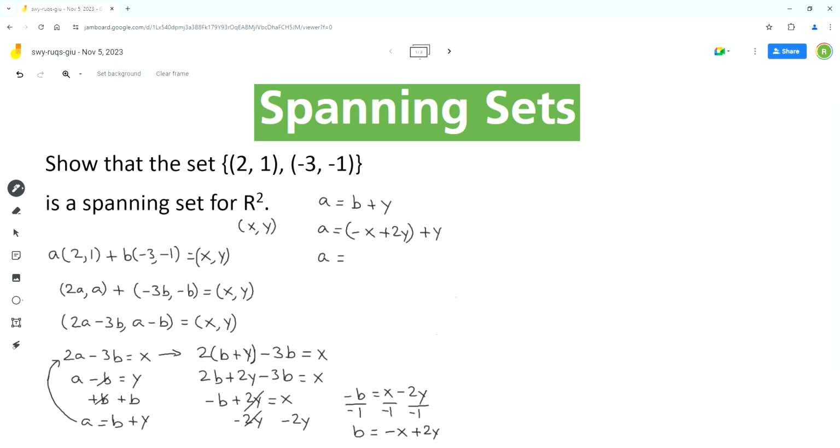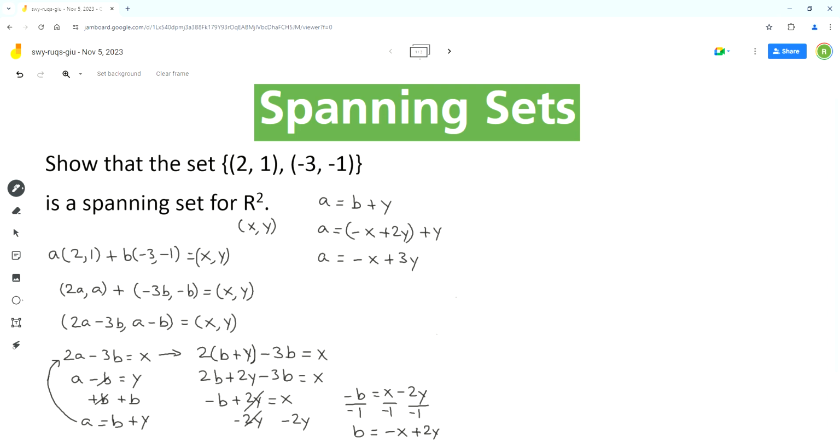Now we can combine the y terms. So this is the expression for a in terms of x and y. So we can see both a and b values depend on the values of x and y. So that means for every vector (x, y) in R2, we'll get a unique value for a and b.